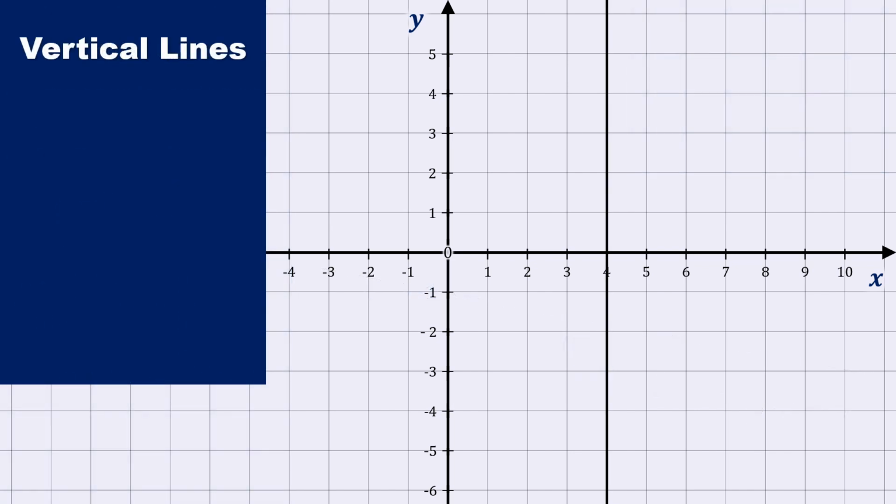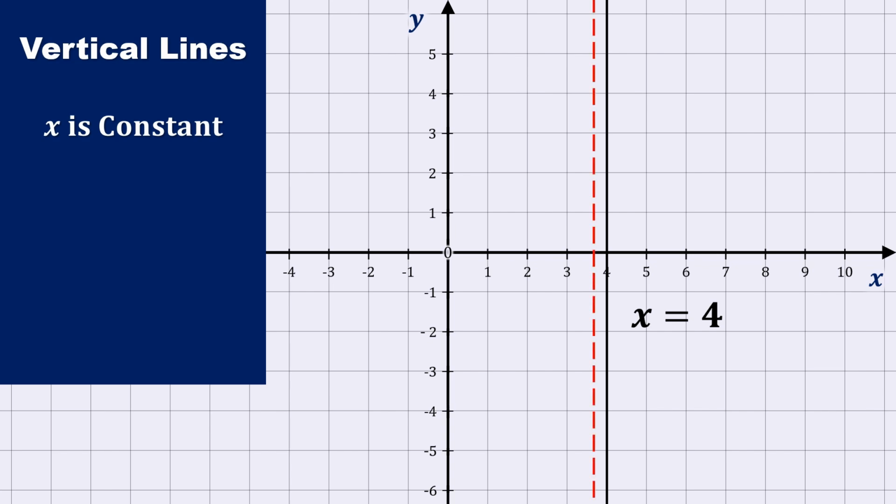Finally, the equation of a vertical line is simply its x position, which remains constant. The line's change in y at this point approaches infinity because the line goes up or down forever. There is no change in x because, as mentioned before, x is a constant number.